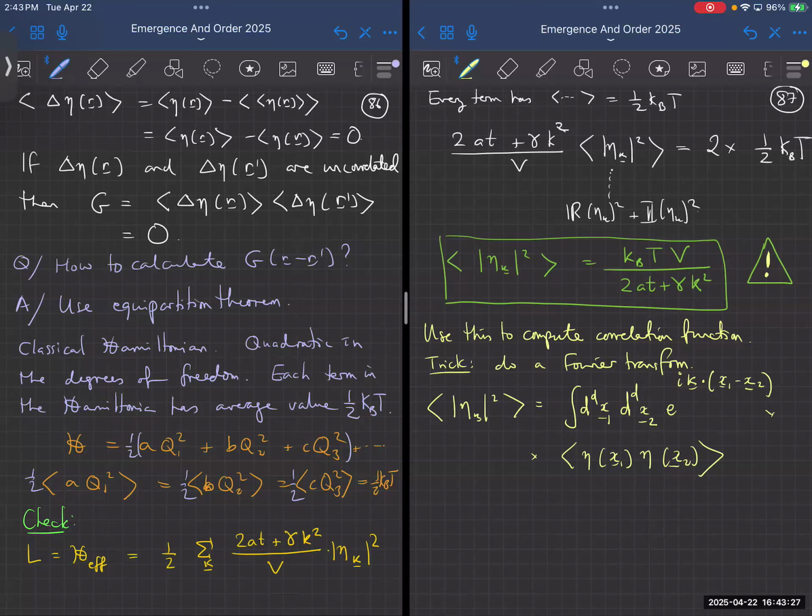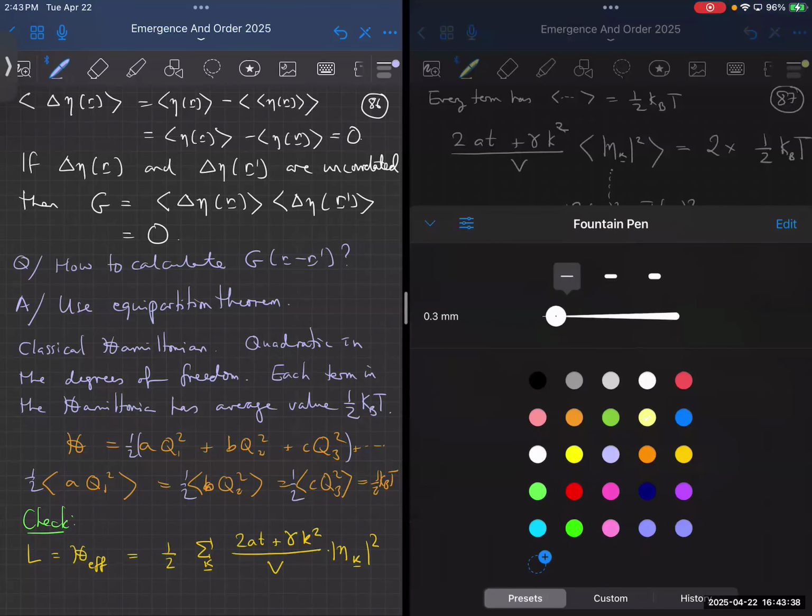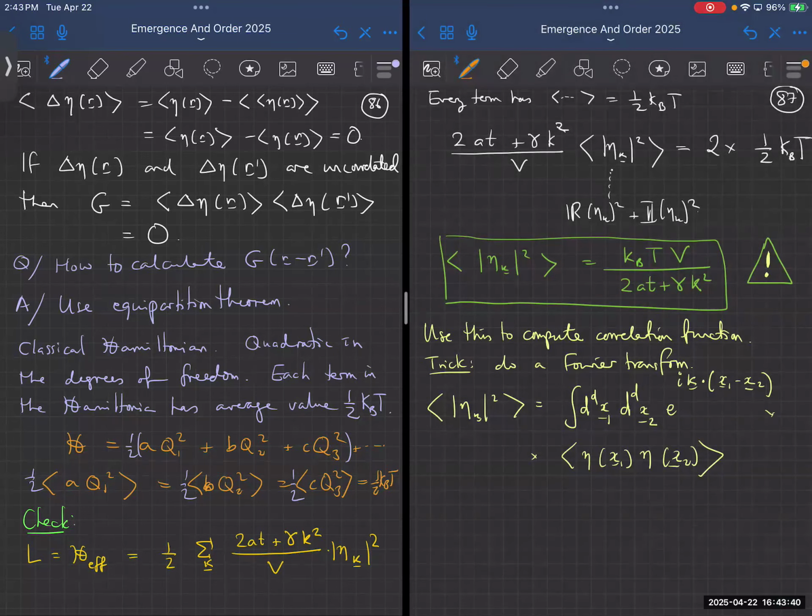That's my claim. Where did this minus sign come from? That came from the fact that eta of k squared is eta of k times eta of minus k. So that's how I got that.